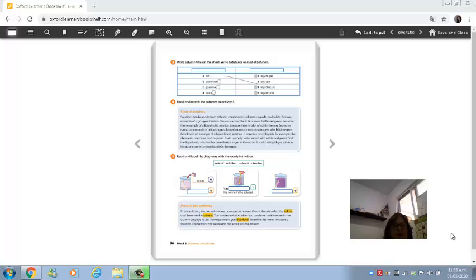Now, 4. Read and match the columns in activity 3. This will help you to confirm what we just saw up there, okay? It says, solutions can be made from different combinations of gases, liquids, and solids.